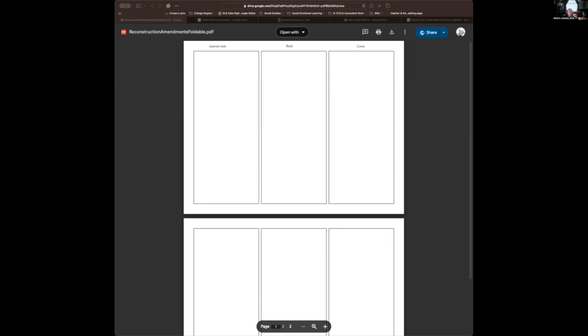Once completed, explain to students that what they've created is the inside of a brochure which illustrates the three Reconstruction amendments. Have them finish by creating a flashy cover on the cover flap, some small informational overview on the information flap, and then something on the back before folding it and handing it in.